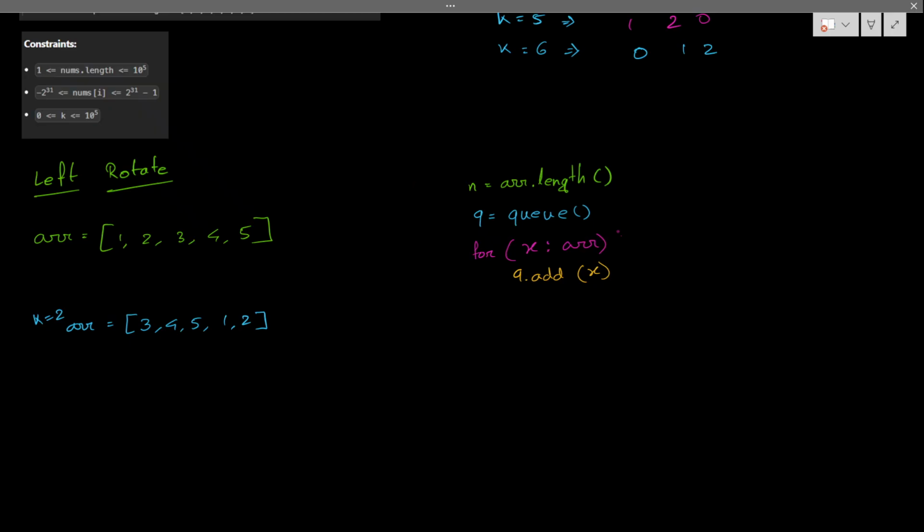After that, I have to take out the first element and push it into the back, correct?